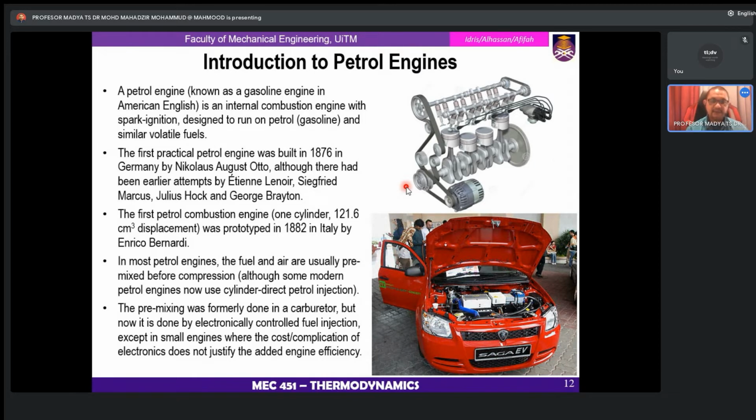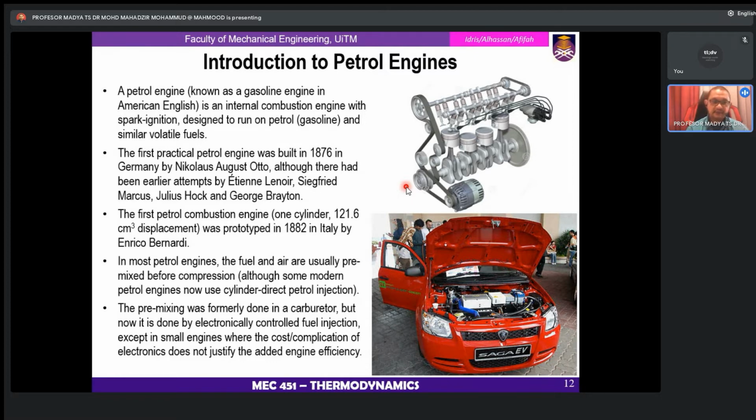You can look at the carburetor on your motorcycle. If you use the old or conventional technology, the motorcycle will use a carburetor. But now the carburetor has been replaced by electronic control fuel injection.